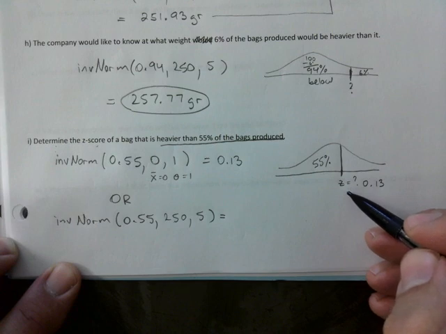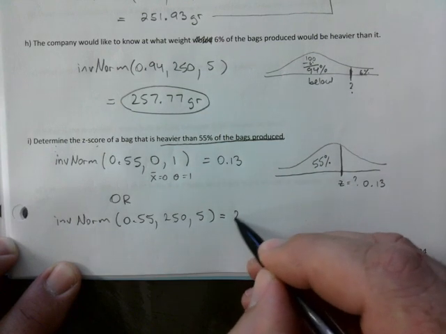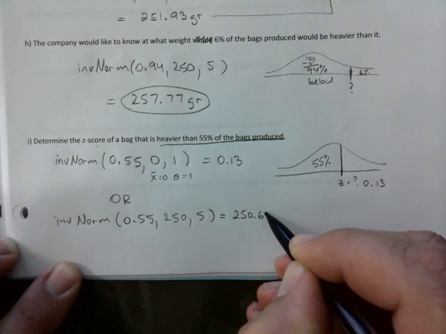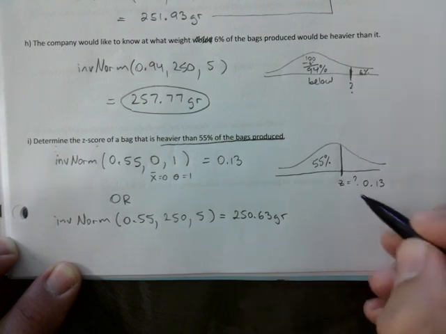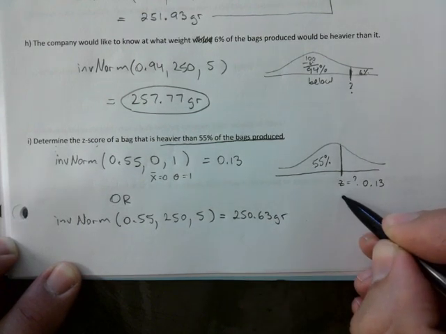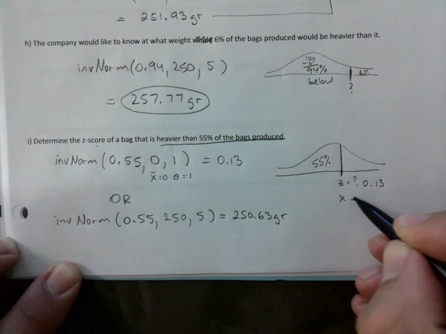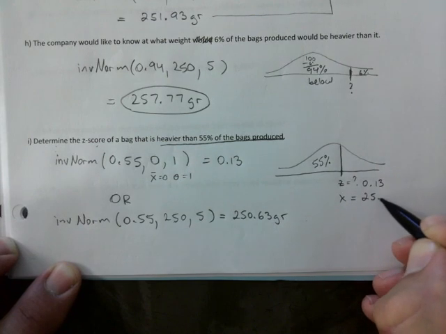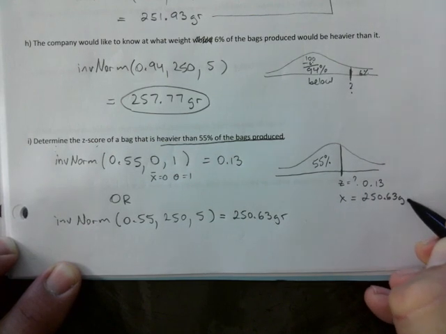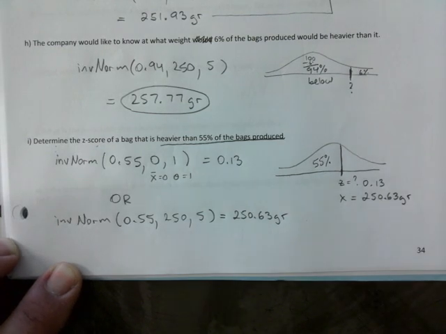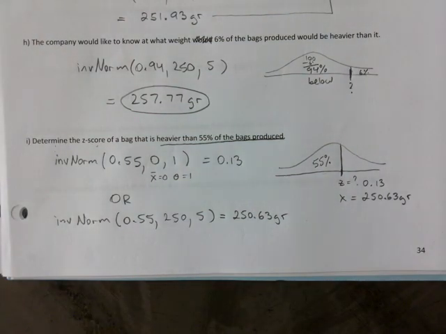In my notes, I have 250.63 grams. So you can also say that the actual mass corresponding to that z-score is 250.63. They're basically interchangeable. A score has a z-score, and a z-score has its actual score.